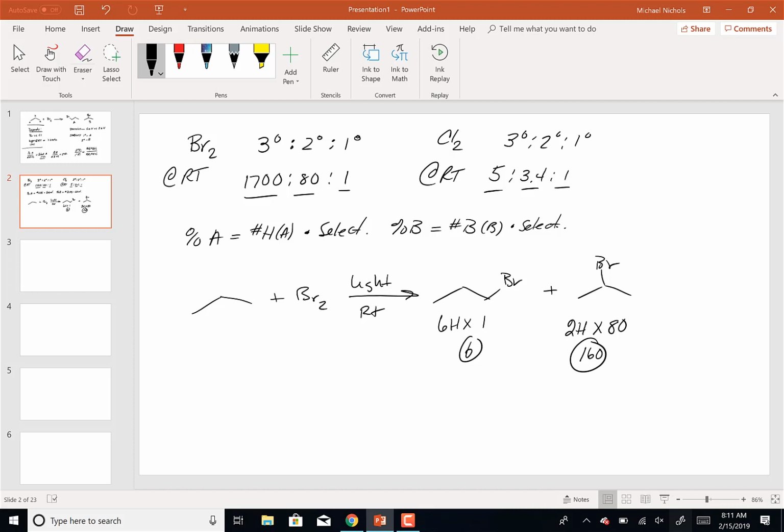Now, if somebody said, well, what's the percentage? The percentage of B is equal to 160 over 166. It's just like GC, I add up the numbers. So by my counting, that's over 90%. And the percentage of A is 6 over 166.